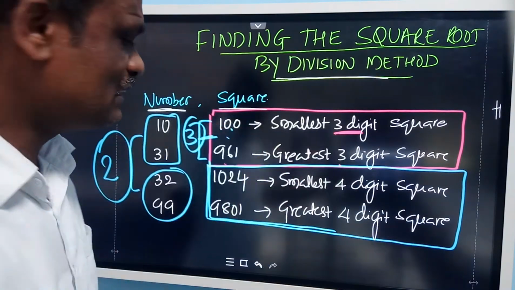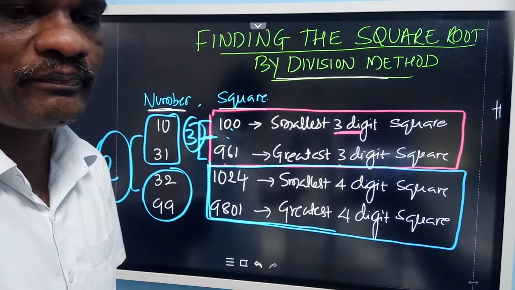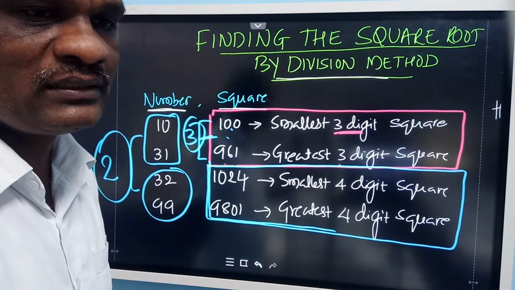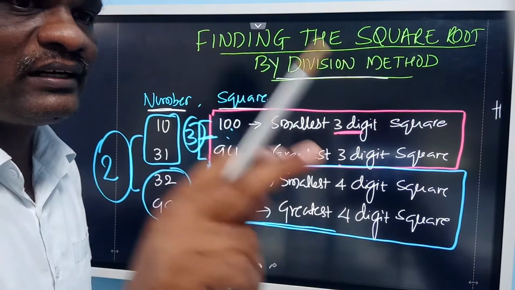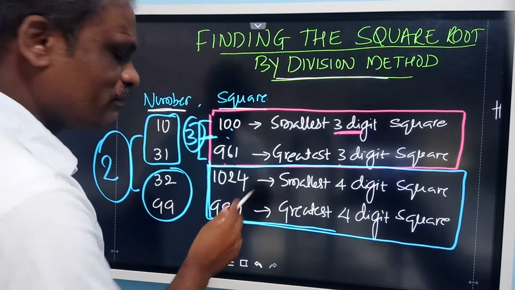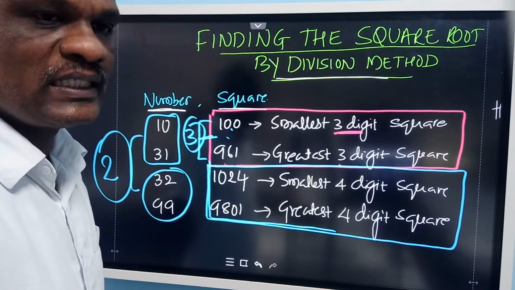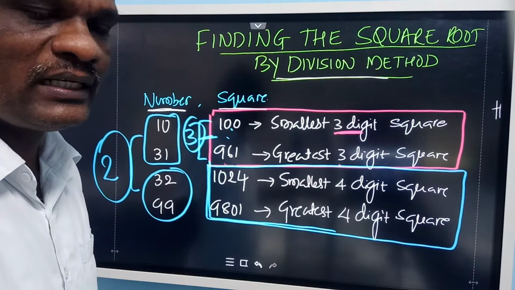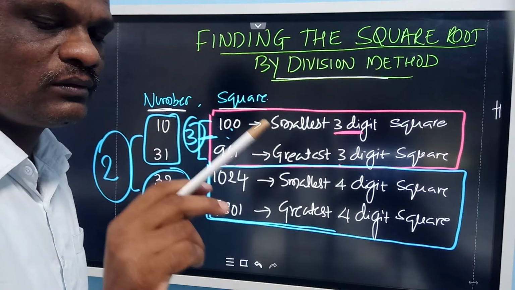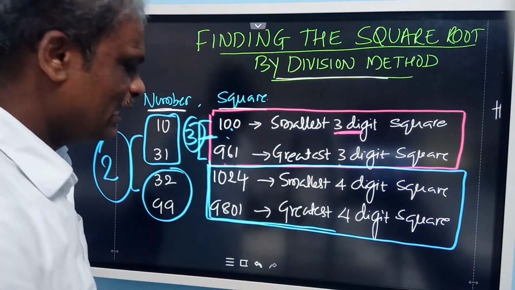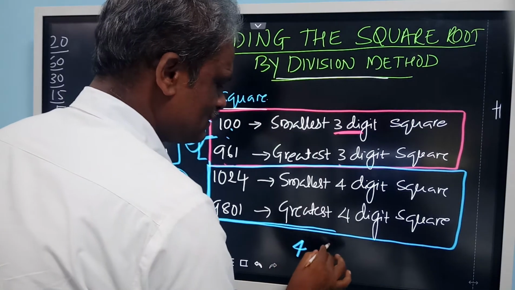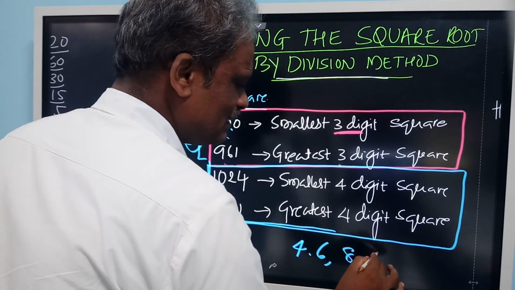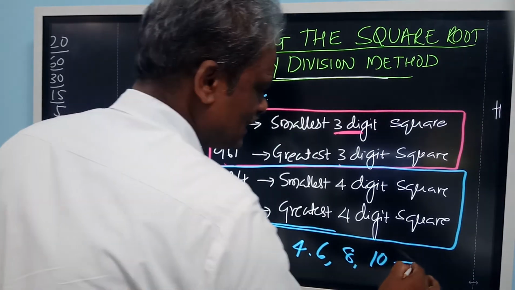If there is a 6-digit square number, then its square root must be 3. If there is an 8-digit square number, 4. If there is a 10-digit square number, its square root 5. I told 4-digit, 6-digit, 8-digit, 10-digit. Only even numbers I told.